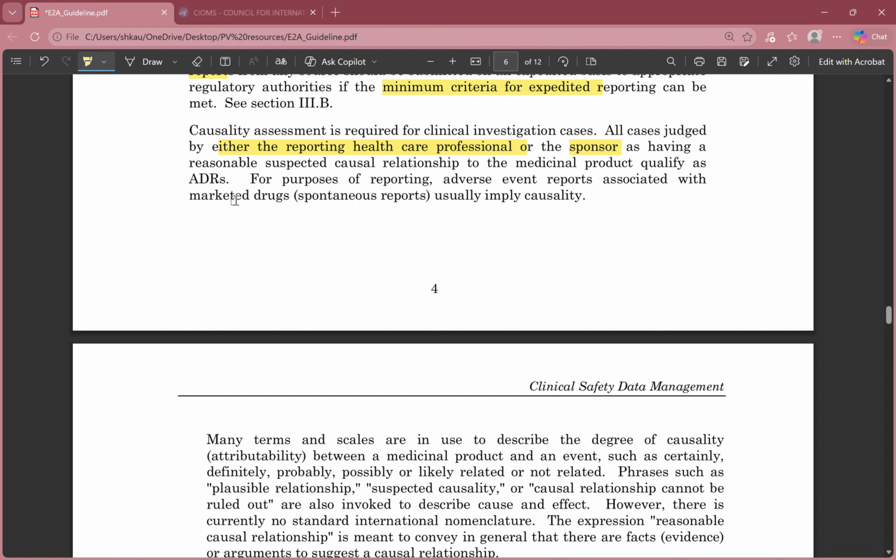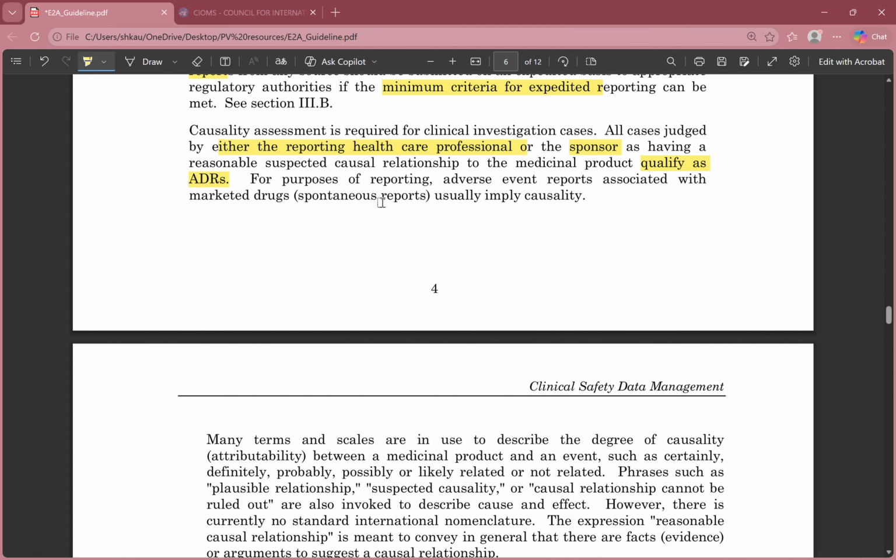This can be done either by the doctor, the reporting healthcare professional, or the sponsor, that is the company conducting the trials. And if there is a belief that there is reasonable possibility that the drug caused the event, then it qualifies as adverse drug reaction.